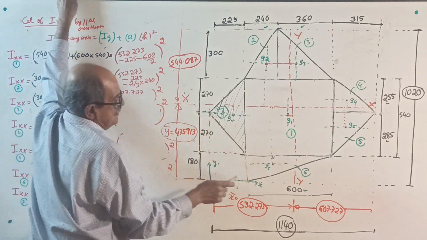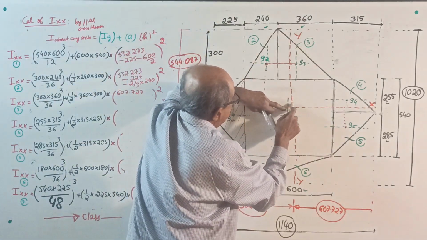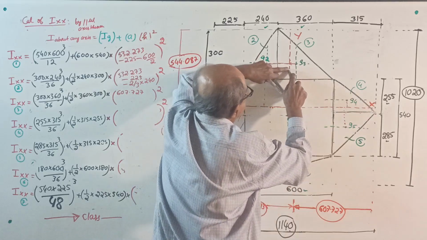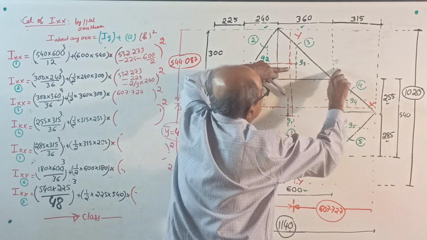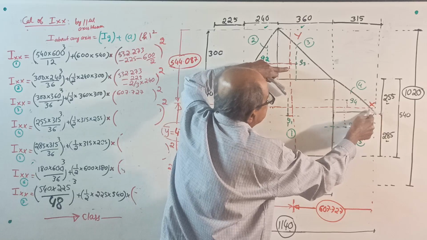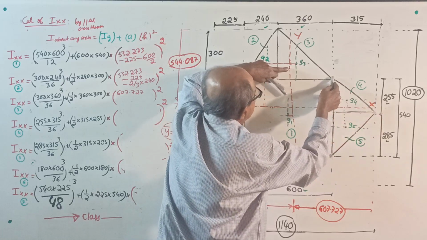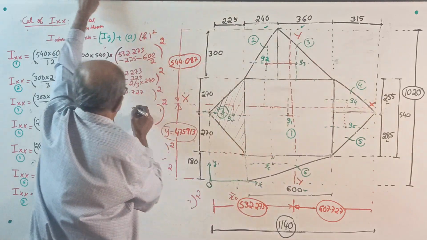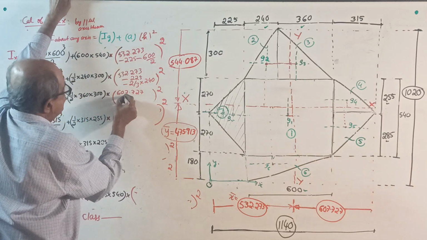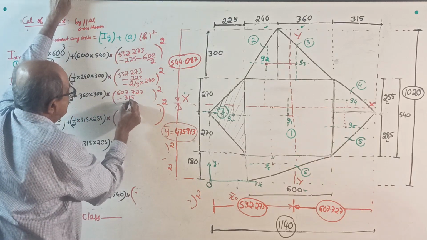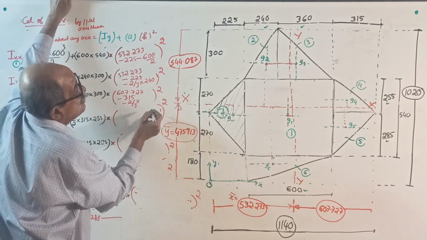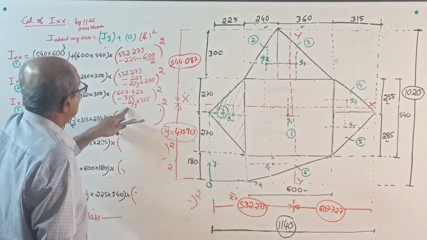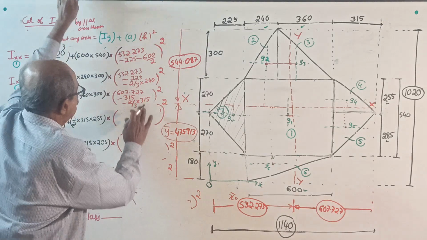This full distance from here, from this XYY to here, subtract 315, also subtract this distance which is 2 by 3 of 360. So subtract 315, subtract 2 by 3 of 315. Why 315 two times? 2 by 3 of 360.